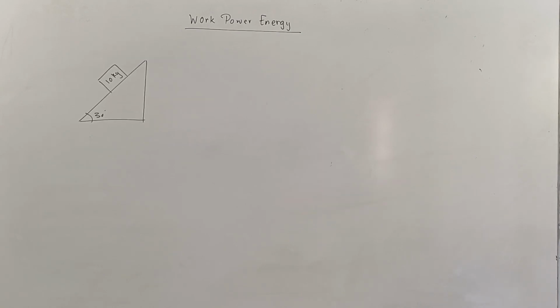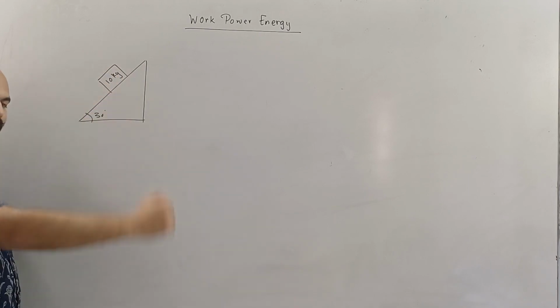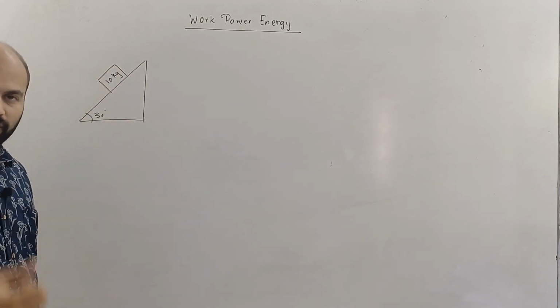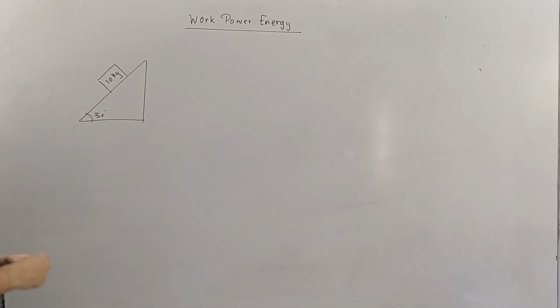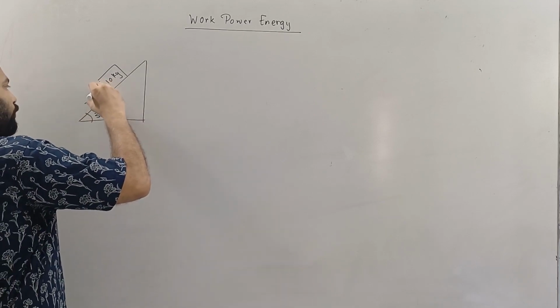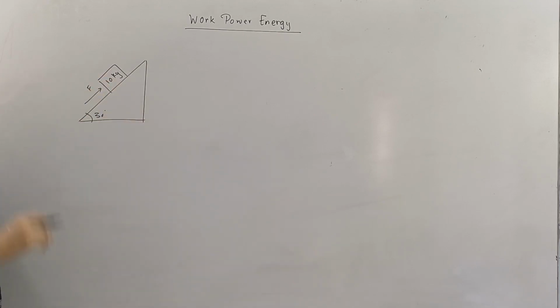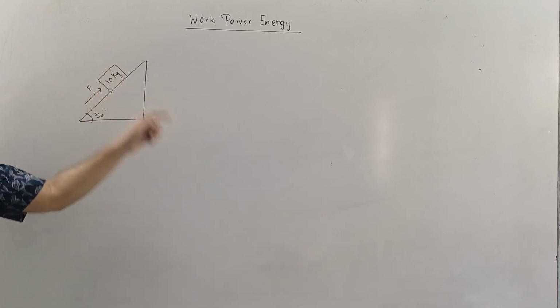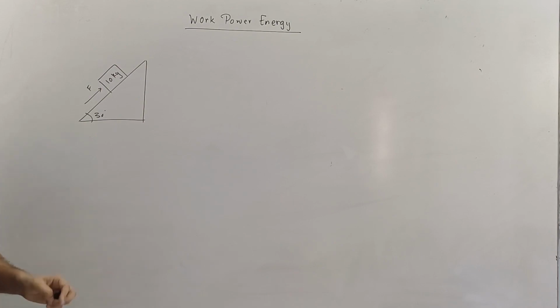Let's take another question. So this question says that there is a block which is sliding down the incline. Now why is it sliding? It is sliding because of its own weight. Now some of the force needs to be applied over here so that it can move up the incline, or whatever motion is taking place, that will be with some constant velocity.